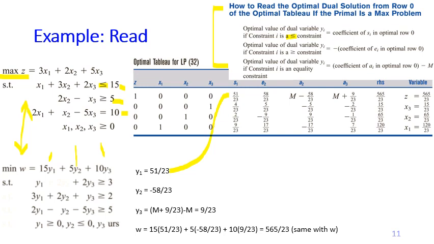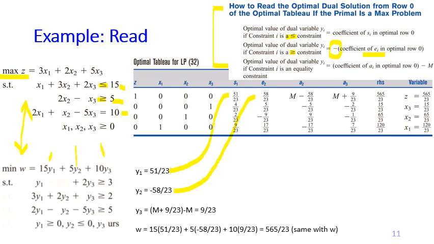The second constraint has the sign of greater than or equal to. So according to this summary here, we need to read the coefficient of the excess variable and then put a minus in front of it. So the optimal value for y2 equals minus 58 over 23.